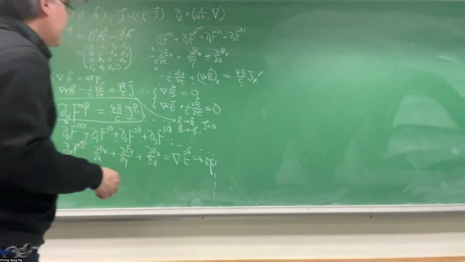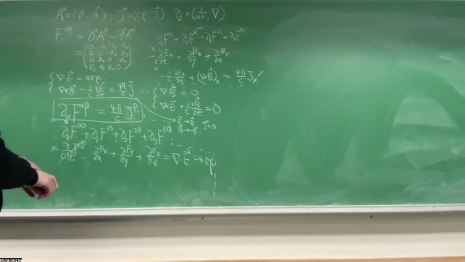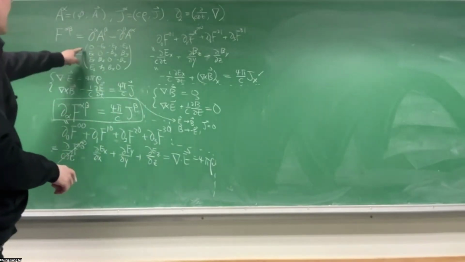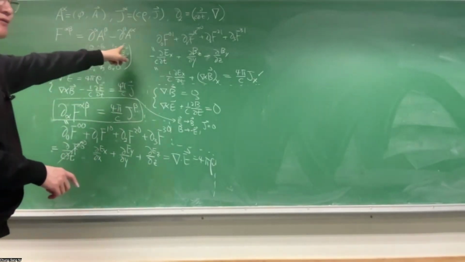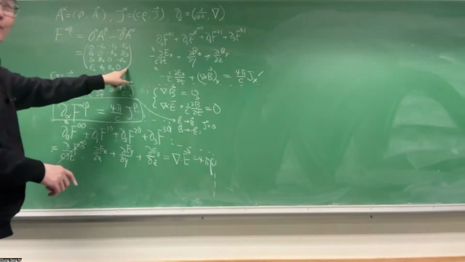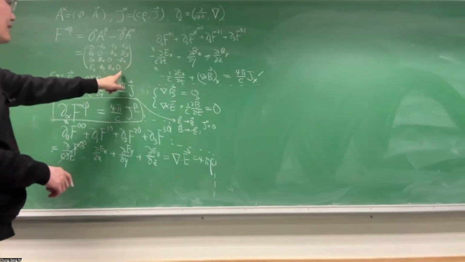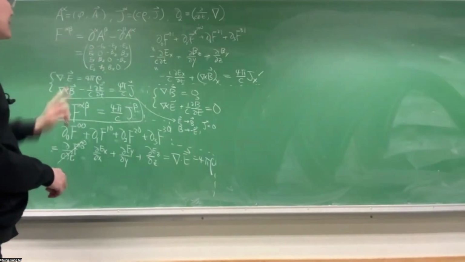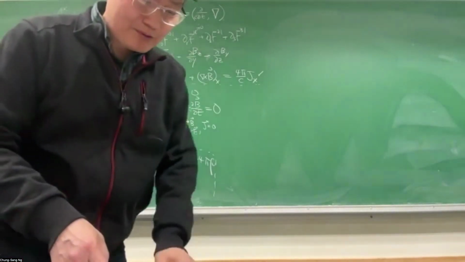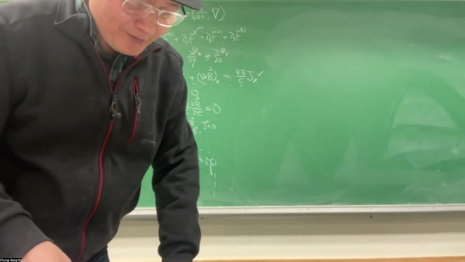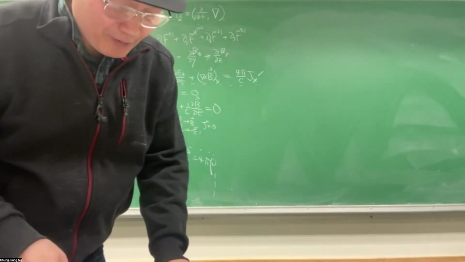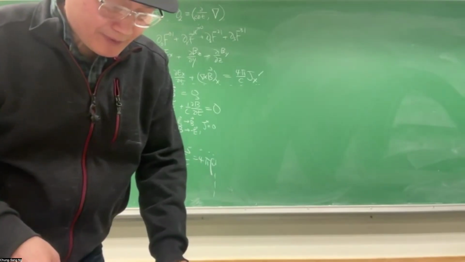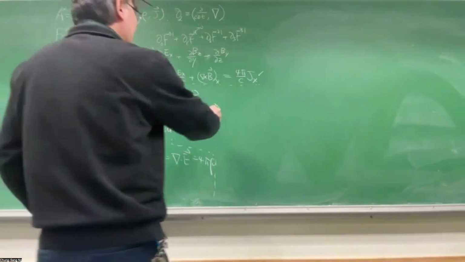But to do that, you need to introduce a tensor that has that kind of property. You cannot just simply do this transformation because you don't know whether it's a tensor or not. And so we need to get another tensor from this one. There are actually two steps to do that. First, you introduce the covariant field tensor. Okay, and that actually is the easier part.